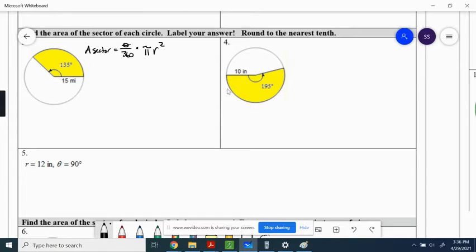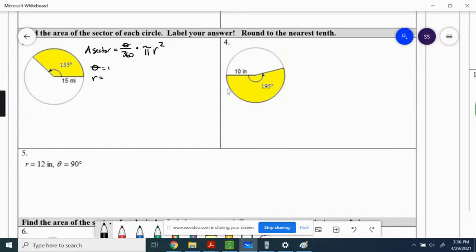Okay, so essentially this part of the equation is giving you the whole area. And then this part of the formula is just giving you whatever fraction of the total area you need to find. All right, so the reason why I think these are so easy is that you're only looking for two things: whatever the theta value is and whatever the radius is.